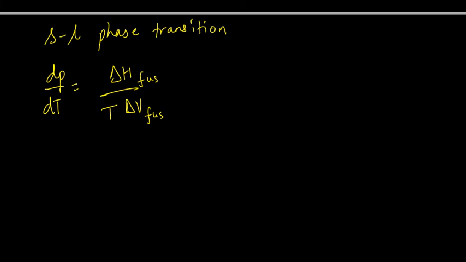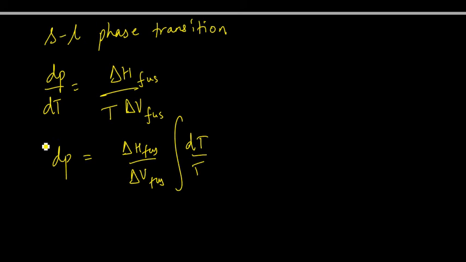So you could actually evaluate these things, that we could say, okay, dP is equal to delta H fusion by delta V fusion dT by T, and then integrate.